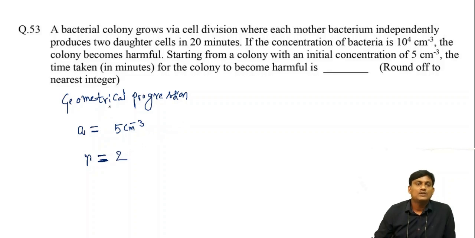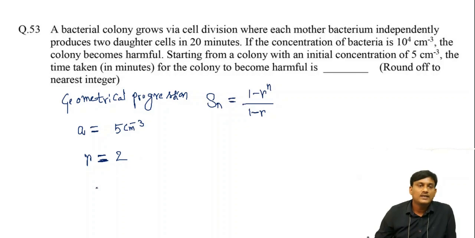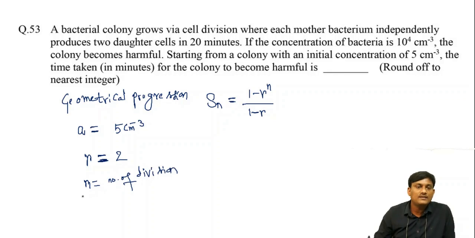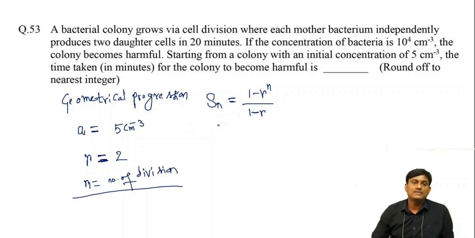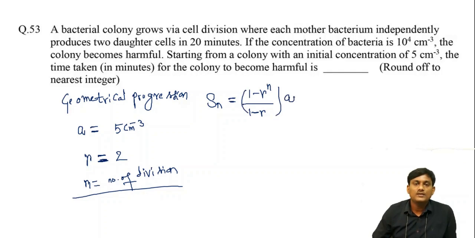We know that in geometrical progression the sum Sn is equal to A times (1 minus R to the power of n) divided by (1 minus R). Here n is the number of cell divisions, let us take. So after n number of cell divisions, how many cells do you have? Sn is equal to A into (1 minus R^n) by (1 minus R).